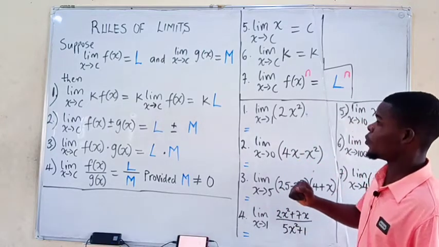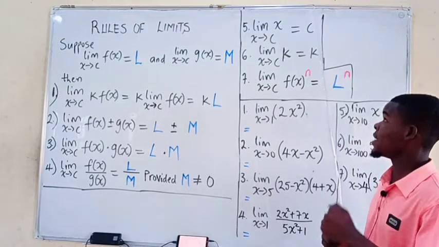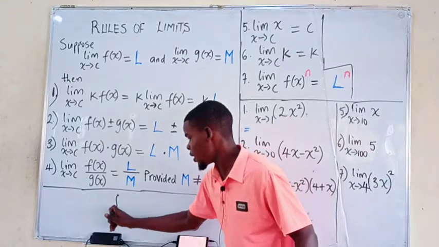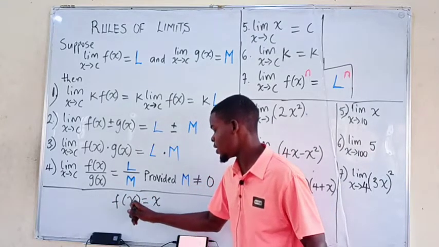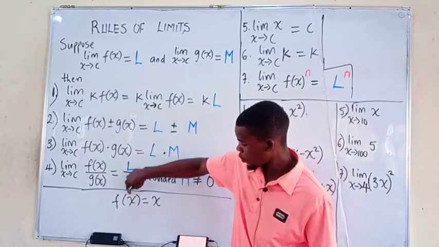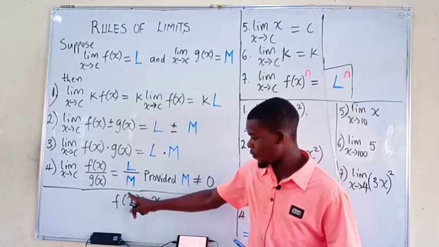So the fifth rule tells us about the limit of an identity function. Whenever we have f of x, let's say a function of x to be just x, right? This is an identity function. Reason being that if you input 2 here, you know this is just x, it gives you that 2. F of x gives you x.